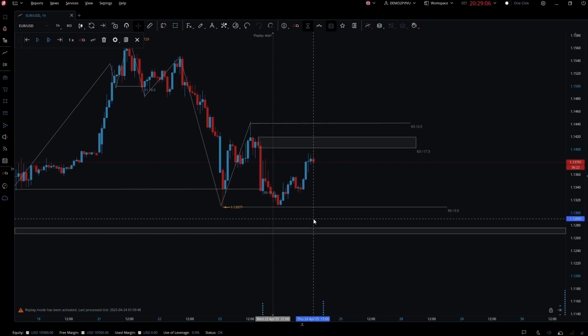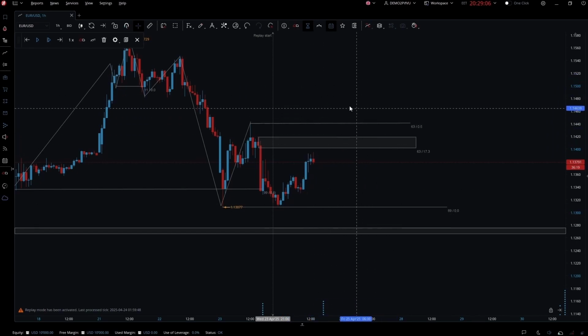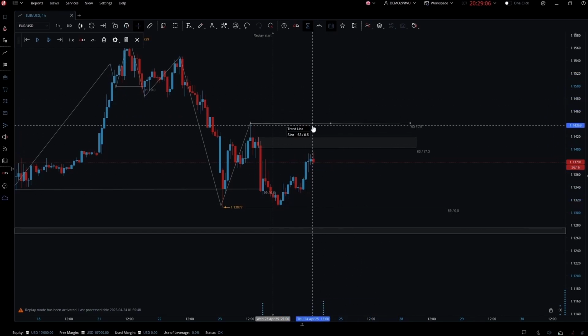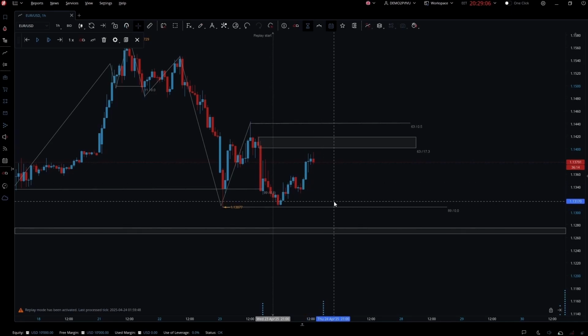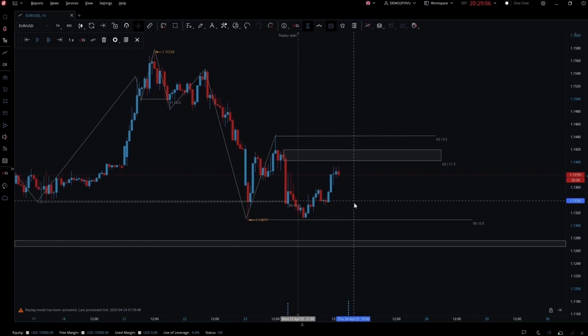We break it from below or we break it from above, either the high or the low. So that will determine whether the trend is continuing or the trend is changing. I mean, it will help us determine whether we are having a market shift again or the trend is continuing down. So let's play the market forward.